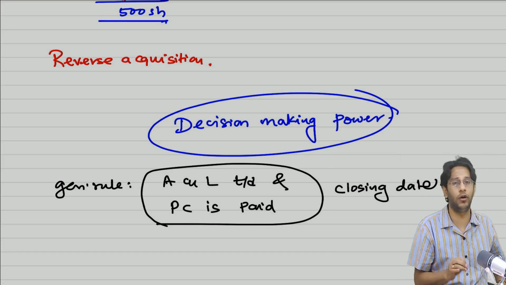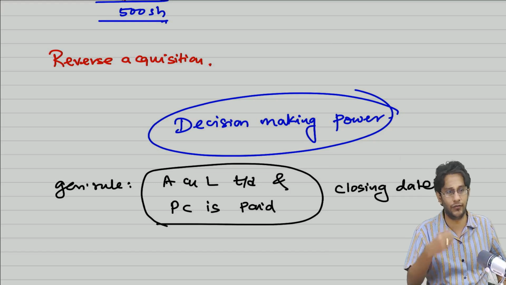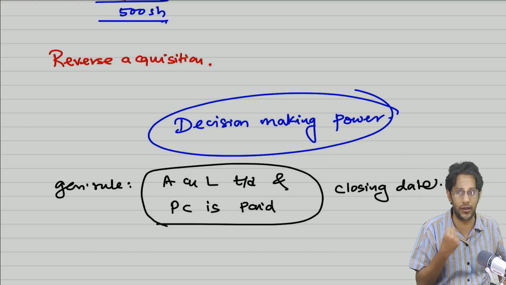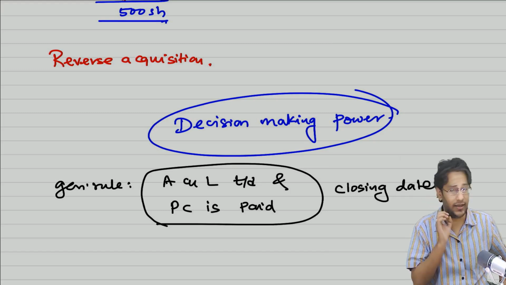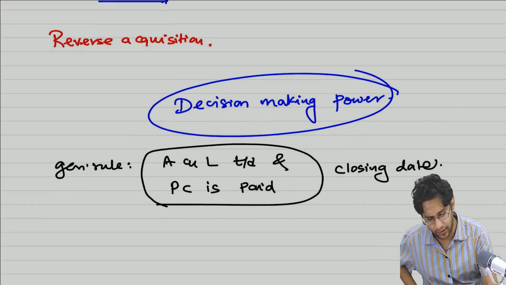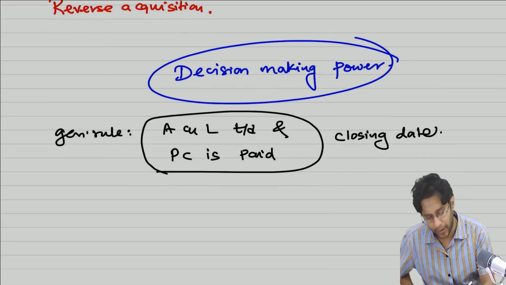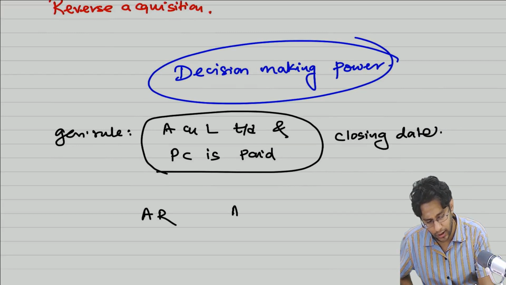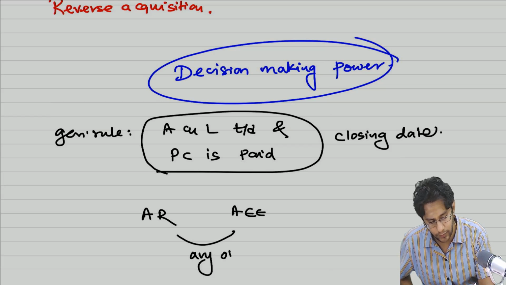So normally in majority of the cases, closing date, the date on which PC is settled, the date on which assets and liabilities are taken over, is the date on which acquirer obtained control over acquiree. However, this is a general rule, but the acquirer and acquiree may agree on any other date also. It is a matter of agreement.